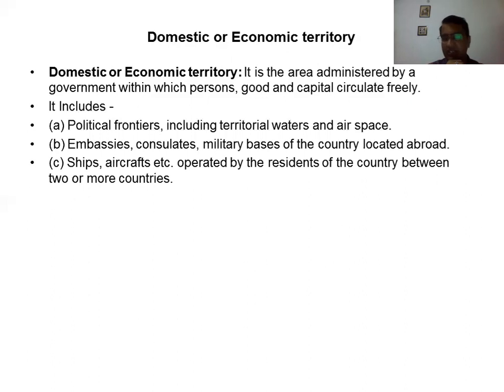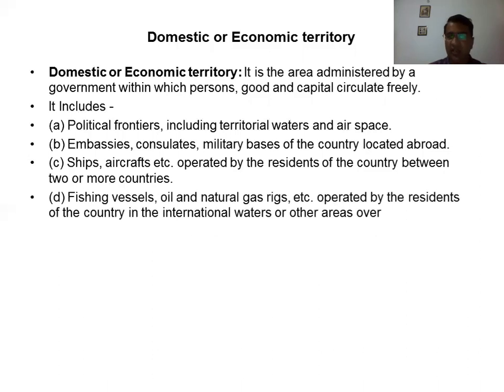Ships, aircraft, etc., operated by the residents of the country between two or more countries are part of the domestic territory. Fishing vessels, oil and natural gas rigs, etc., operated by the residents of the country in international water or other areas are also part of the economic territory.